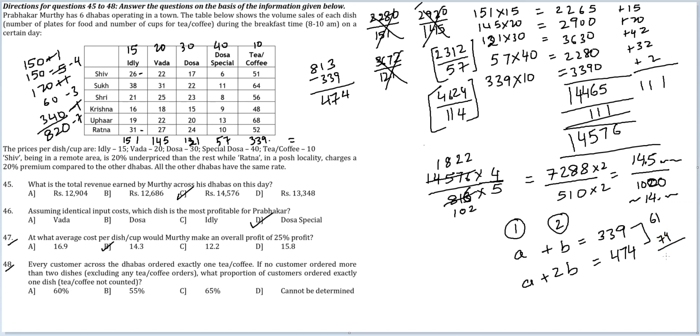So you get 135. B is equal to 135 and therefore A is equal to 204. People who have ordered just one dish is 204. Finally, I need 204 by 339 into 100.